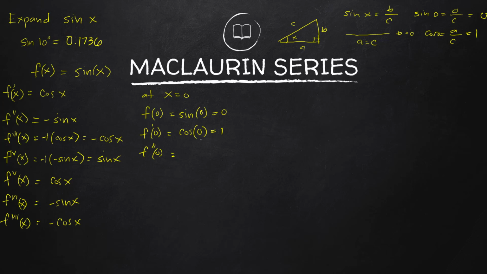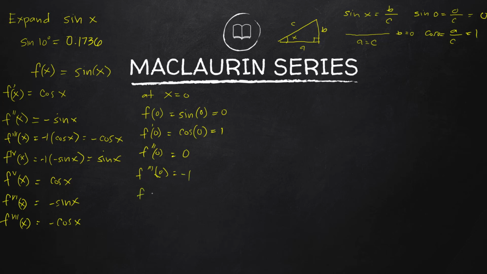So, continuing, we have f double prime of 0. That is negative sine of x. Sine of 0 is 0. Multiplied by negative 1 is 0. And we have the third derivative of 0 is equal to, what is that? Negative cosine. So cosine of 0 is 1 times negative. This will become negative 1.